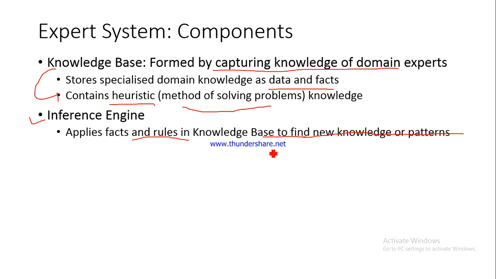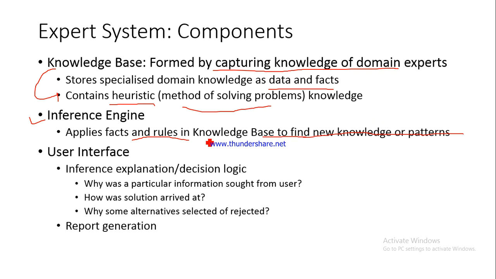So basically the knowledge that is existing in the knowledge base is being utilized, and new knowledge or patterns are being discovered by the inference engine, right? And how would the inference engine be able to do this? By doing some analysis, it would be able to predict, it would be able to see new patterns in the data, right? So this is what the inference engine is going to do, and then we'll have the user interface.